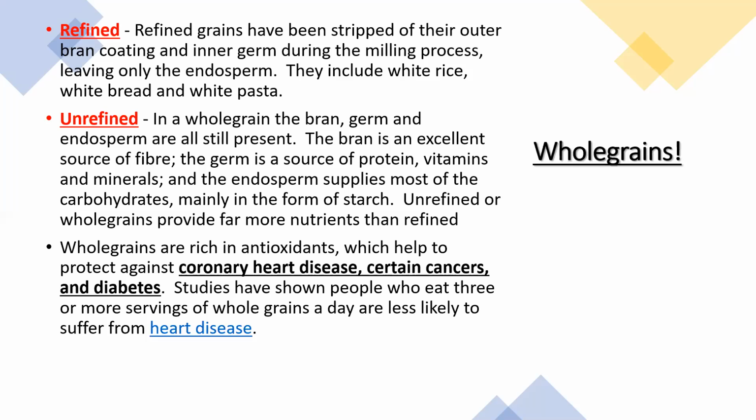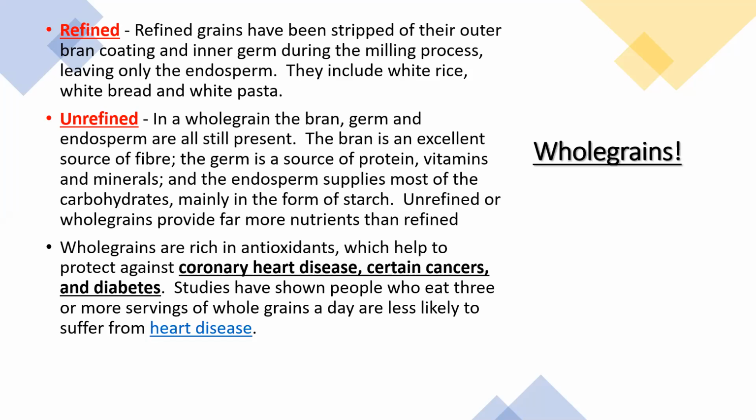So refined grains have been stripped of their outer bran and inner germ during the process, and only left the endosperm, which is things like our white rice, white bread, pasta, and our pastries and cakes that we get in supermarkets. So they've been stripped of their goodness, and that's why they're refined grains. And unrefined grains are where the germ, the bran, and the endosperm are all still present.